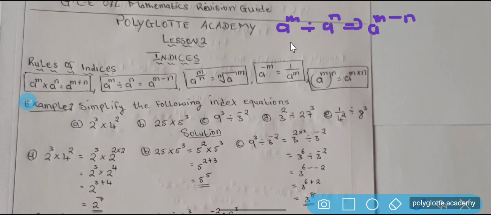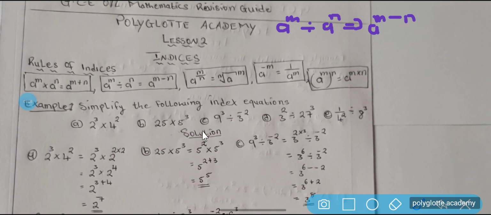That is the rule. We take one of the base and then subtract the powers. Since we are dividing the base, we are going to subtract the powers.